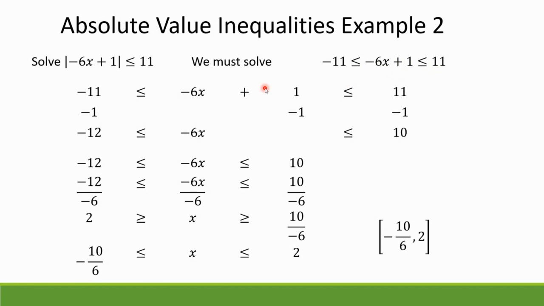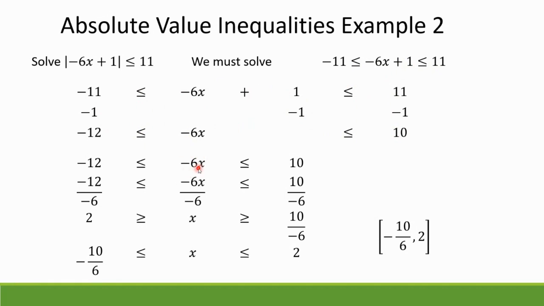We want x all alone, right? So we don't divide yet. We want to get the 1 out of here, so let's subtract, like so. And we get -12 less than or equal to -6x less than or equal to 10.